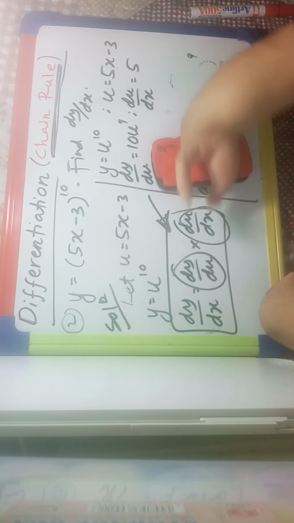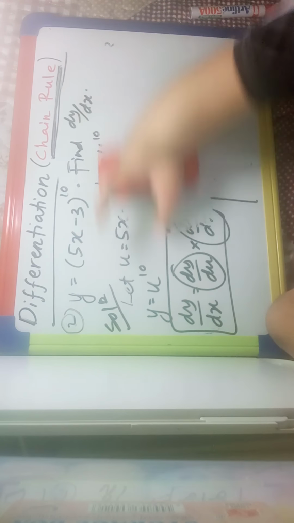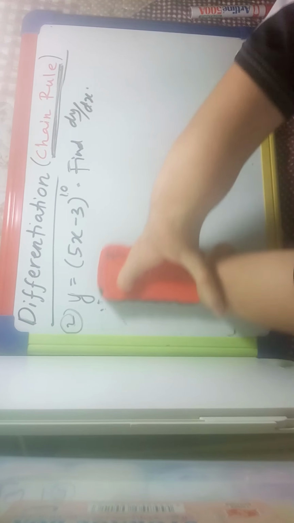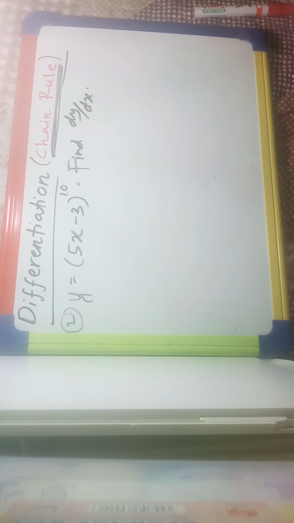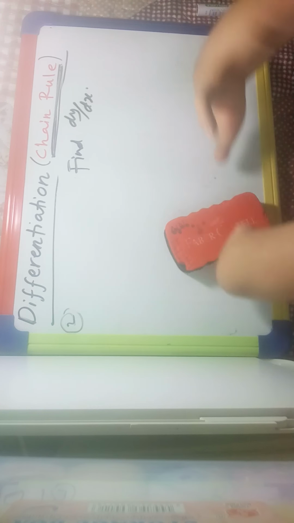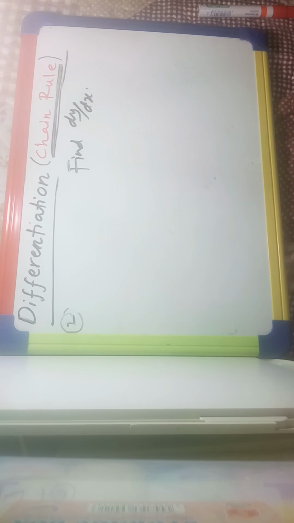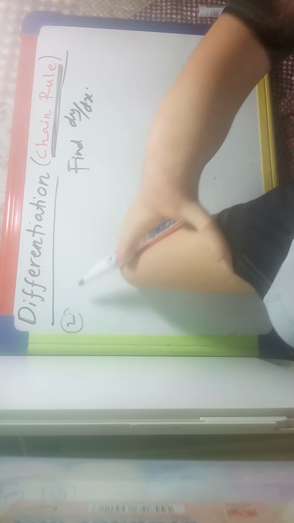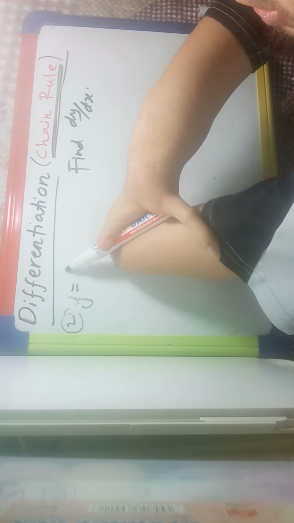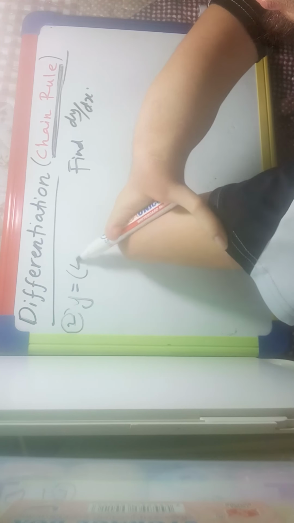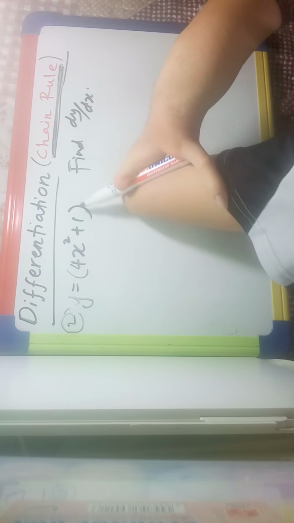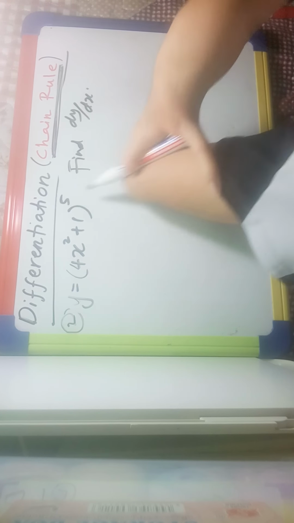Next example. Example number 3. What if the question still asks you to find dy over dx, but this time y equal, in bracket, 4x square plus 1 to the power of 5.